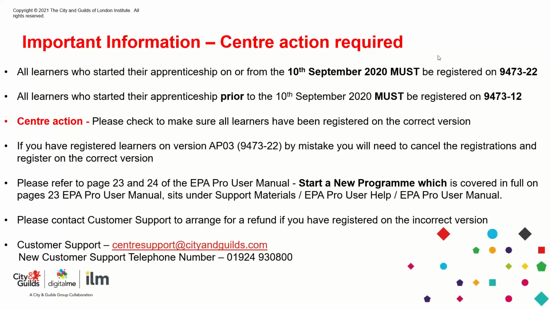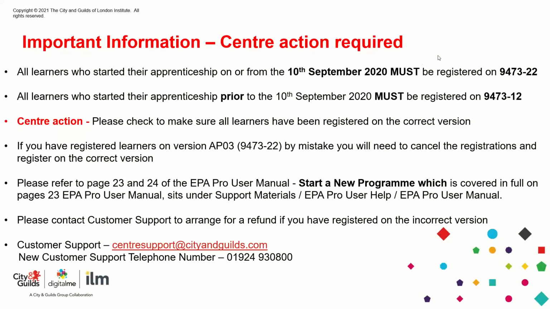I have put details in the slide for your exams teams really to help, and that is really, as Dom mentioned previously, they need to go to the EPA Pro user manual, pages 23 and 24, and there's detailed guidance around what you need to do, and they need to look at the start a new program.